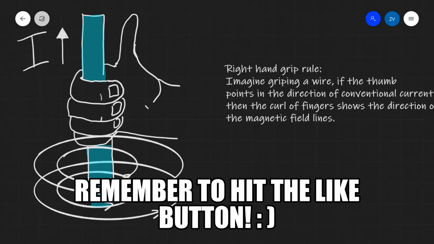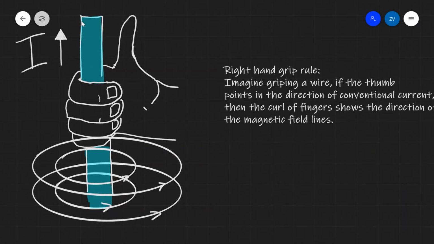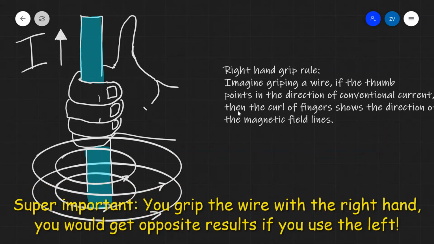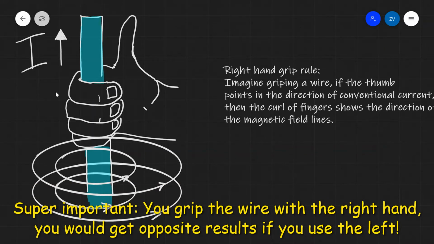Now, looking at the current carrying wire, we can see that the current is going upwards. What we can always imagine to do if we have the direction of a current, imagine gripping a wire and align the thumb with the direction of the conventional current.